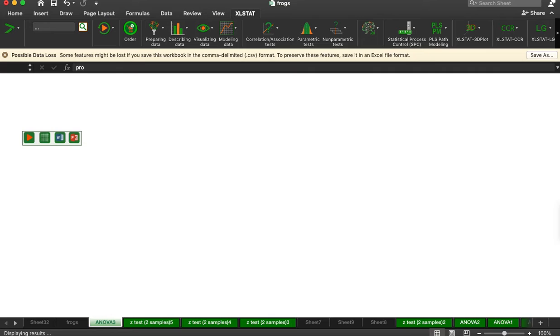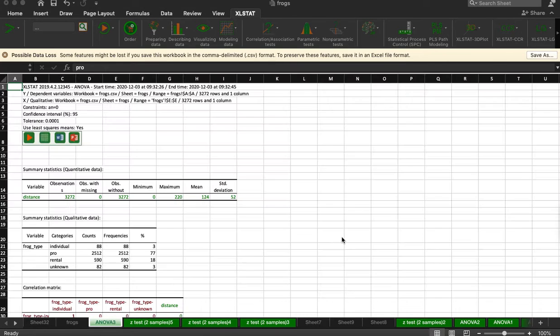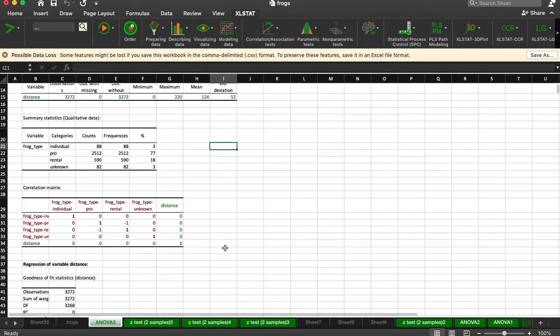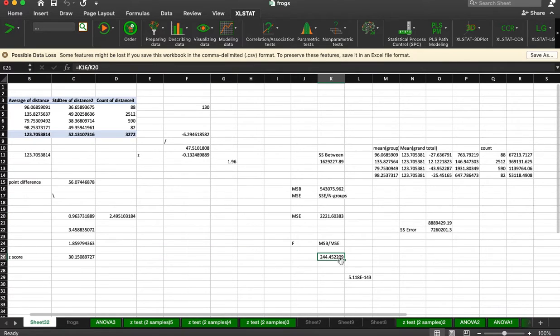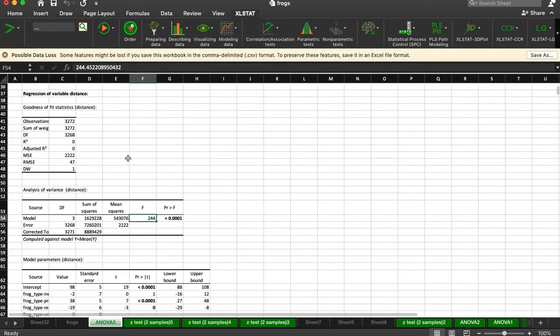It's going to think for a moment. So that's the exact same F value that we calculated. You can see here, 244.45 and 244.45. So exactly the same.